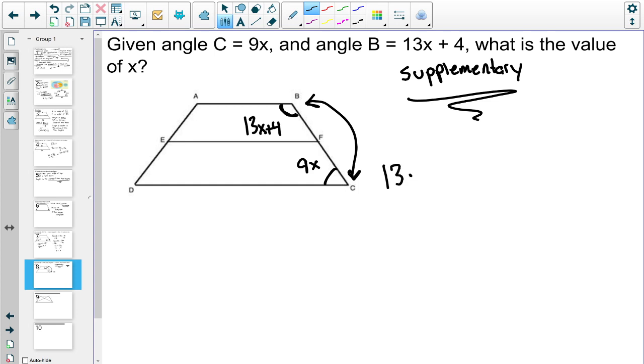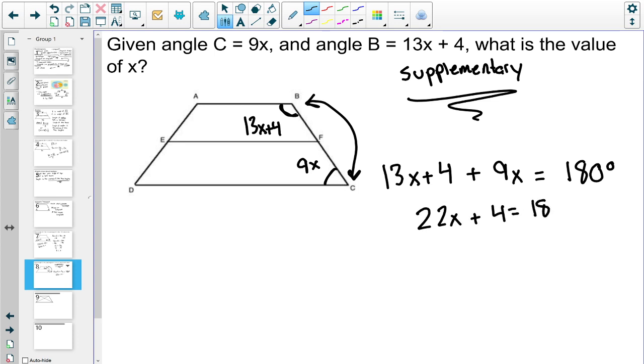So 13x plus 4 plus 9x equals 180 degrees. So what do we do from here, right? We add our 13 and our 9. That gets us 22x plus 4 equals 180.